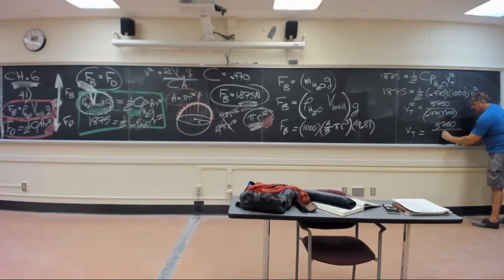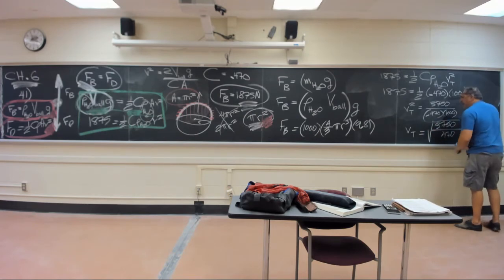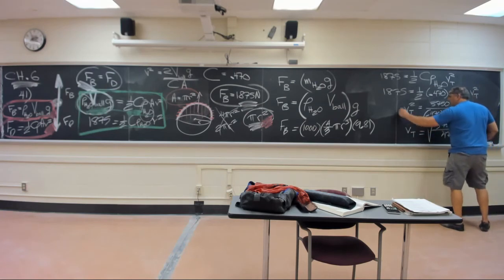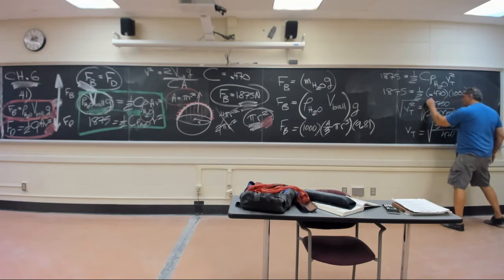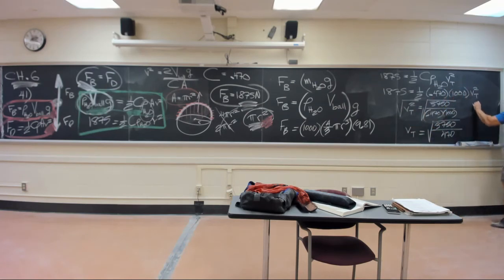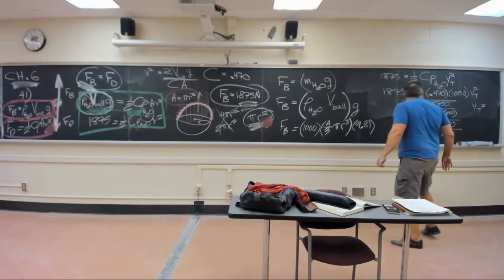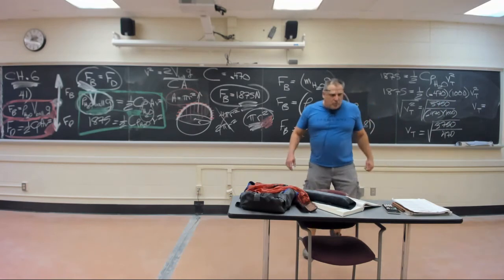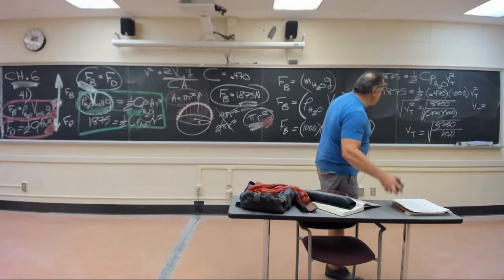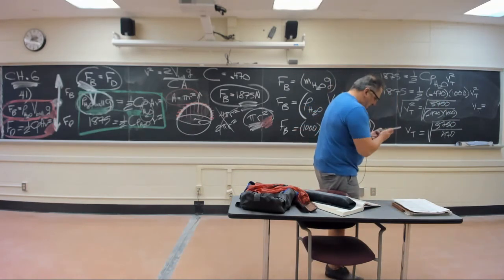This times this is 470. That makes it a little easier to look at. Square root both sides. So you got to here, then square root both sides, as we said. The square root of the quotient, 3,750 divided by 470. The square root of that quotient.